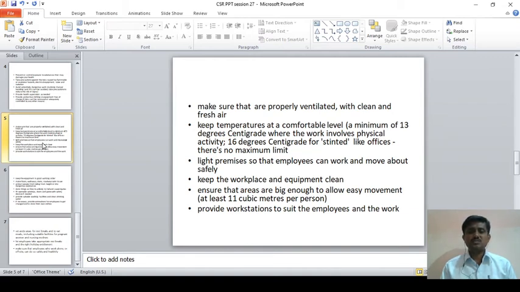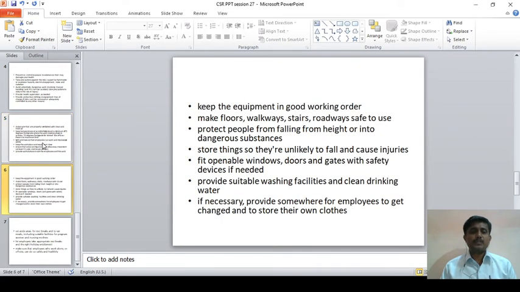That is the density of people working in the particular places. Provide workstations to suit the employees and the work, keep the equipment in good working order, and make floors, walkways, stairs and roadways safe to use.